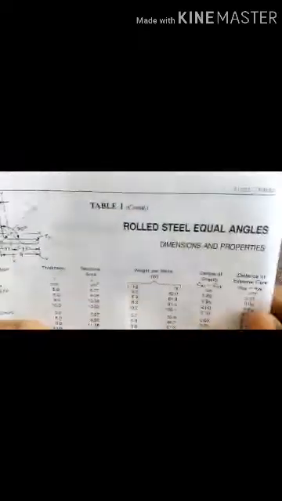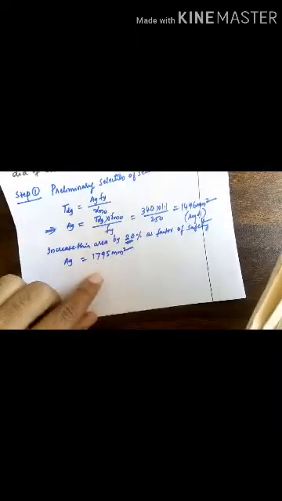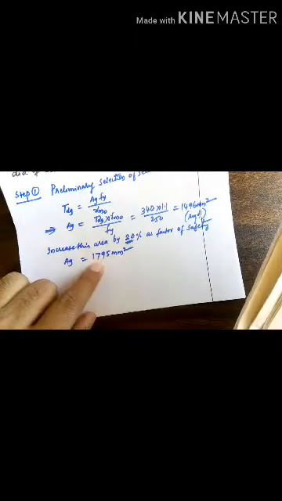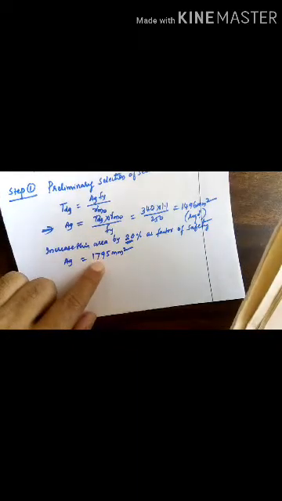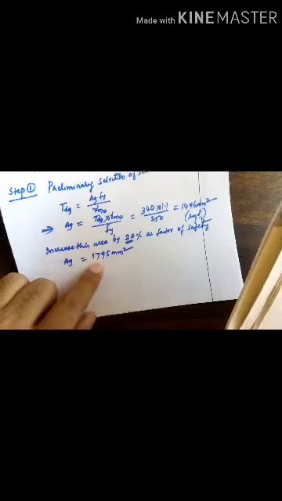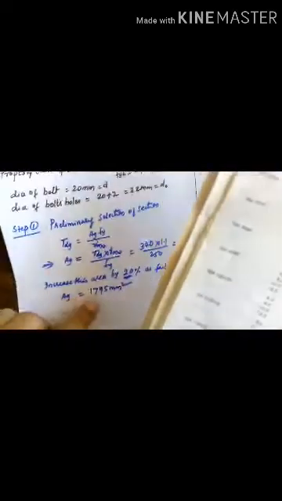So you have to choose a single angle. Check in the steel table which section provides this much area or higher than this. It should not be lesser than this; you should select higher only. If a section gives the same area, then select that section itself.